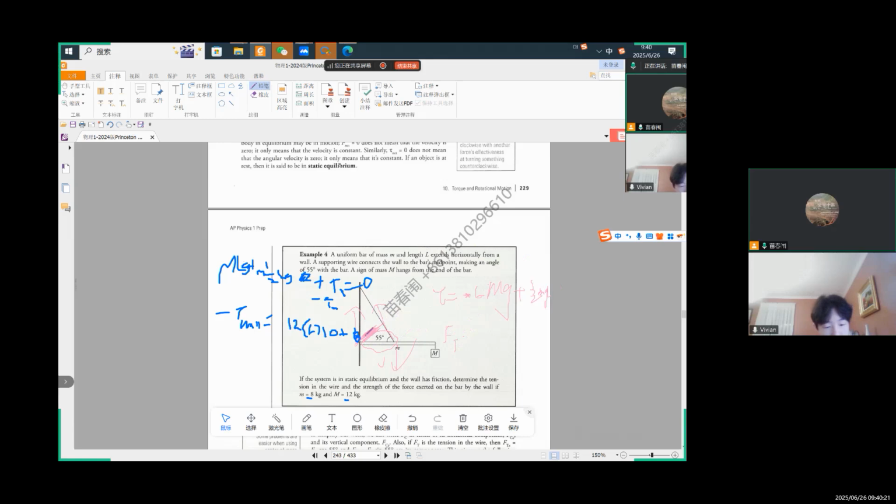If this is a perpendicular distance L, then this is L over 2 times sine 55 degrees, equals all this, right? Does that make sense? Yeah.